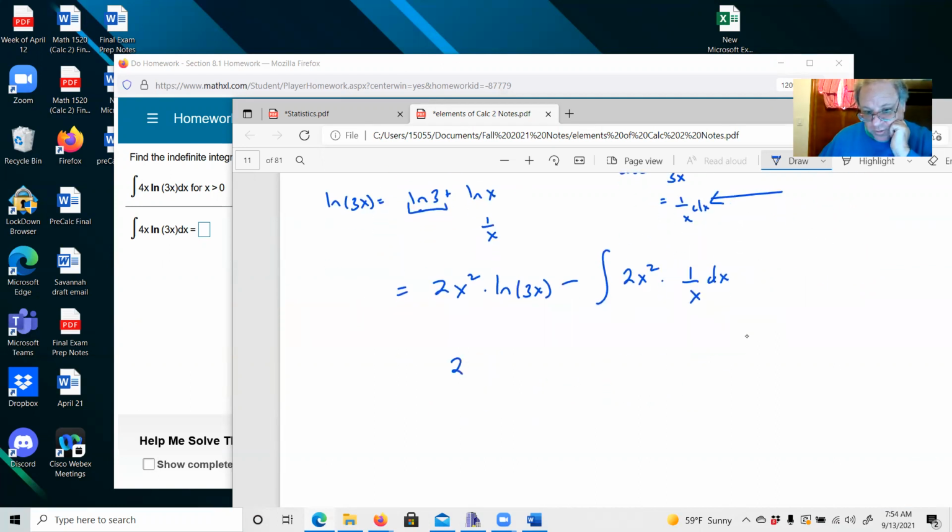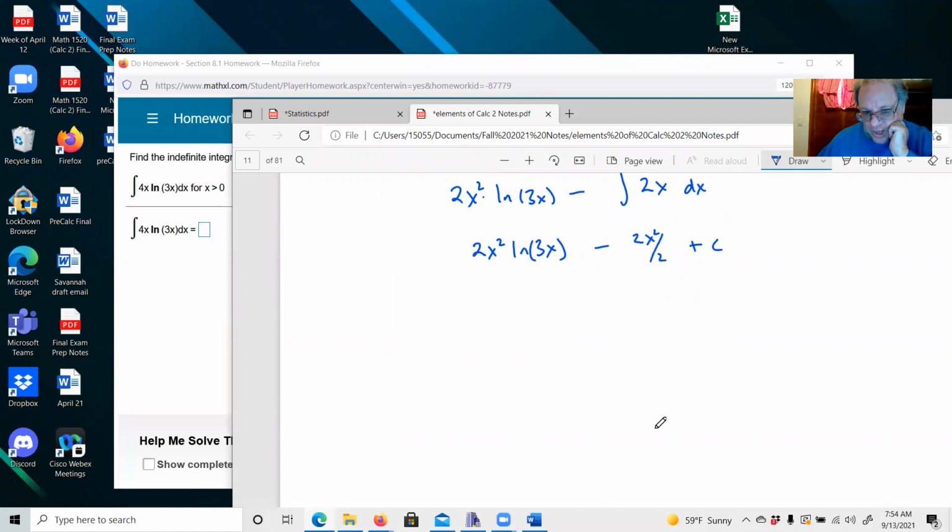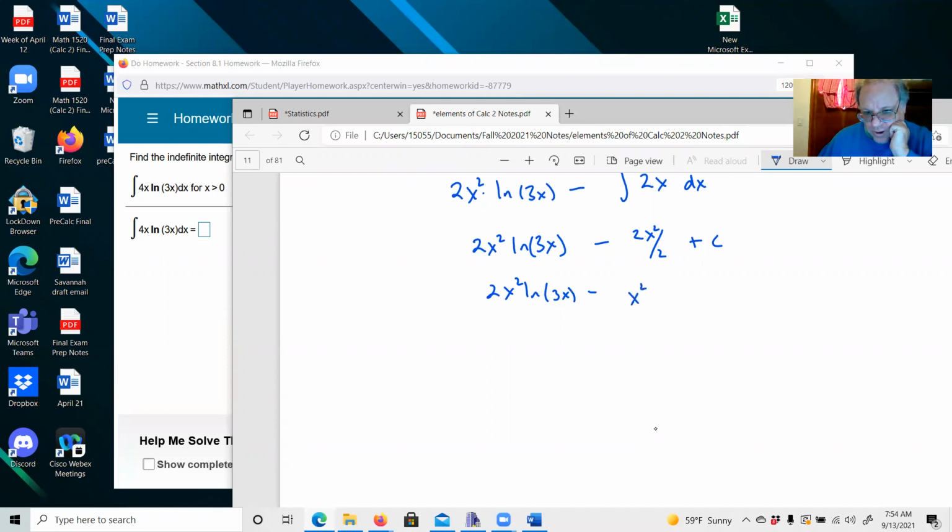This isn't a bad integral. It's 2x squared times natural log of 3x minus the integral of 2x, since one of the x's cancels. So this is 2x squared ln 3x minus 2x squared over 2, plus c. So we have 2x squared natural log of 3x minus x squared plus c. That would be an answer there.